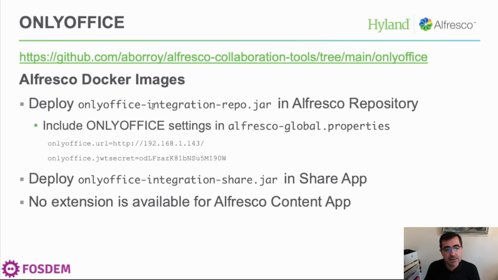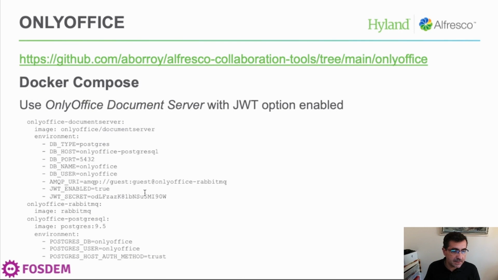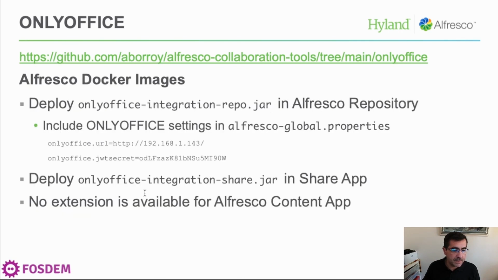So we are deploying the jar application in the Alfresco repository, and we are adding this to the Alfresco global property. So the OnlyOffice URL, remember that this should be also the public URL, and the secret that we are sharing with the document server.